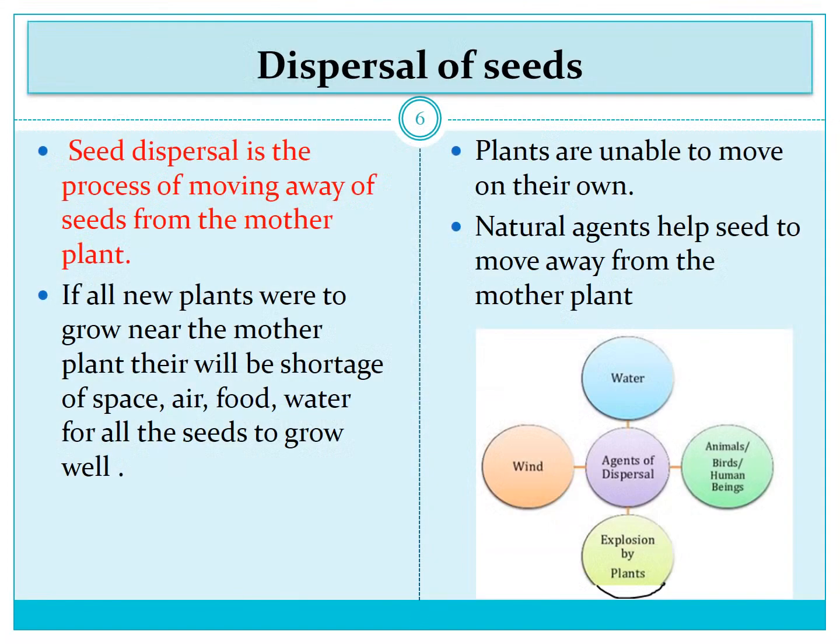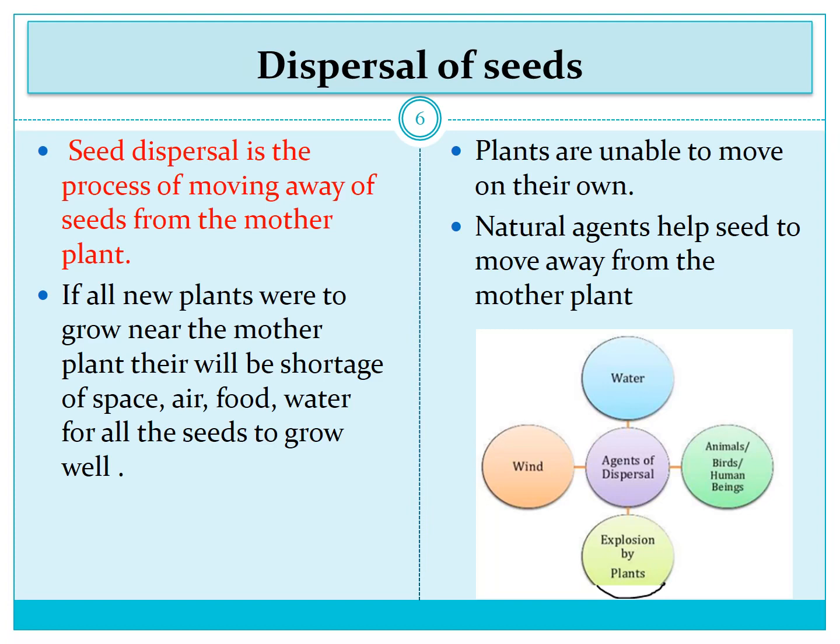What would happen if all the seeds were to grow near the mother plant? If all the seeds were to grow near the mother plant, there would be shortage of space, air, food, water for all the seeds to grow well. So then, how are seeds moved away? Plants are unable to move on their own.